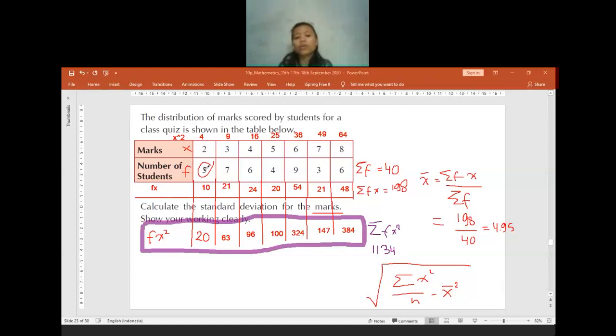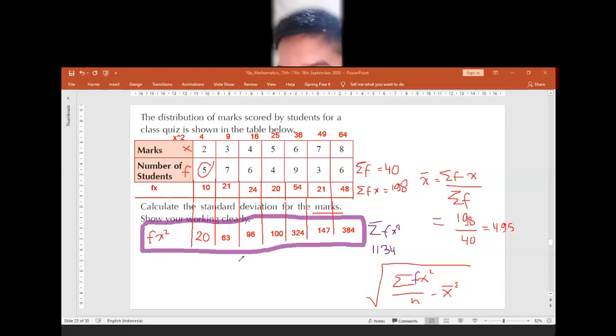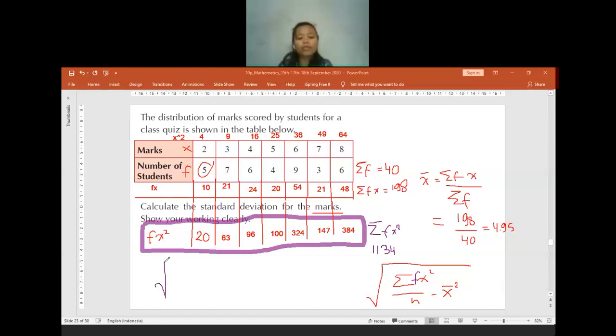So now we can use the formula. We already have the sigma fx square, or sigma x square, because we have the frequency here. When we have a frequency, we need to put the f in, not only sigma x square, because the x we need to multiply with the frequency. That's why we make it sigma fx square. So now we will have the square root of 1134 divided by n.